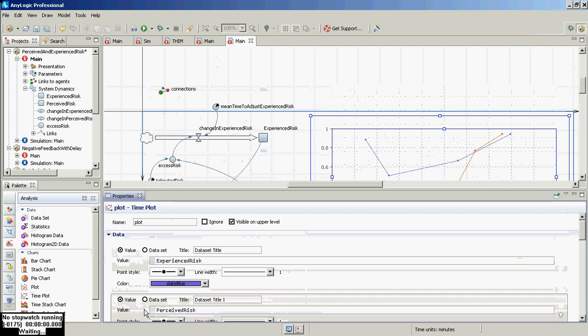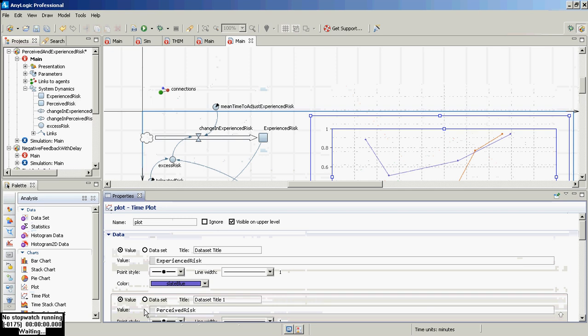Okay, maybe I could see your errors. What are the errors? Okay, if you have a problem, call up this problems window, and then make it so I can see it. There's a description down there. Okay, so that's mean time to adjust experience risk.